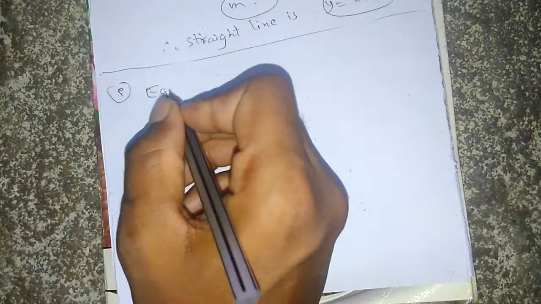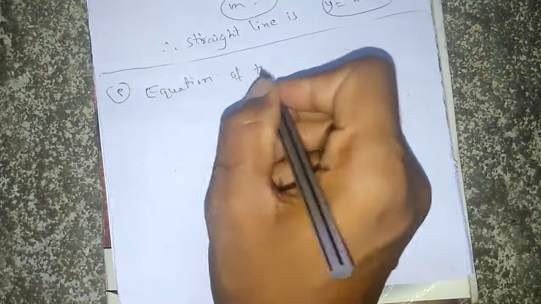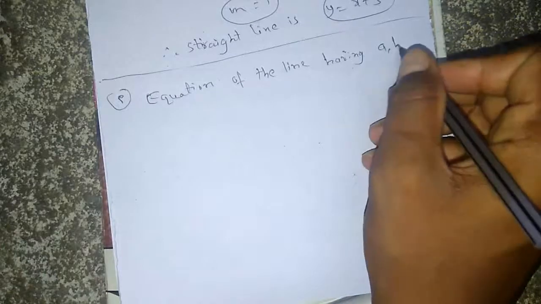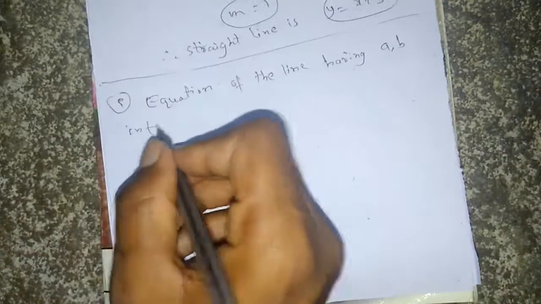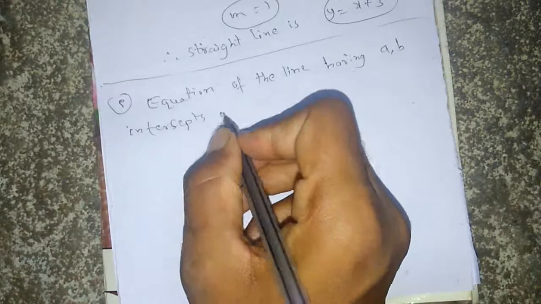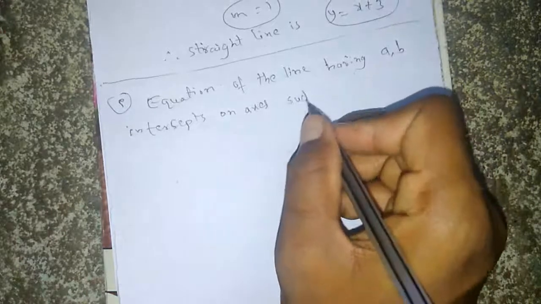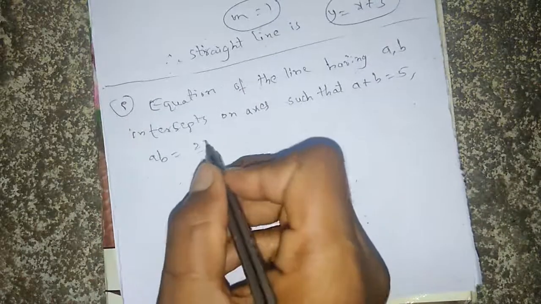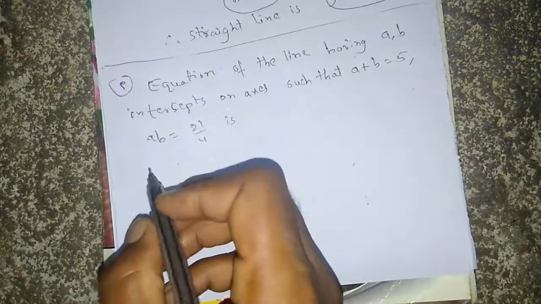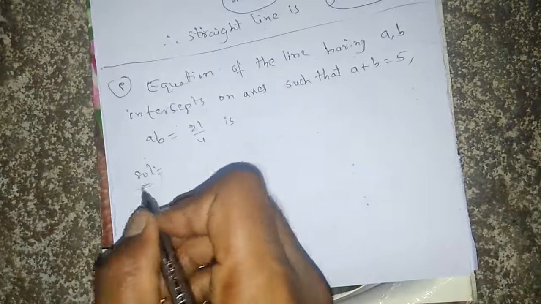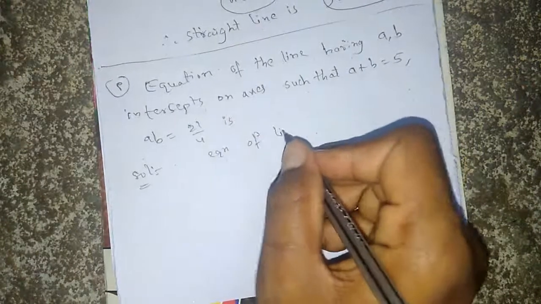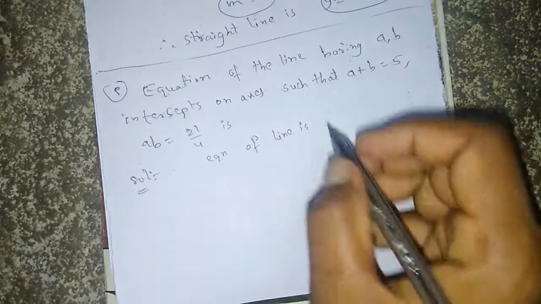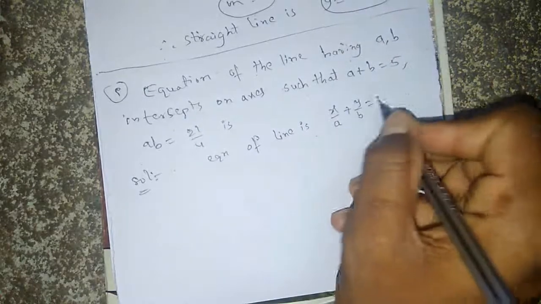Next problem is the equation of the line having a, b intercepts on the axes such that a + b = 5, ab = 21/4 is. The equation of the line is x/a + y/b = 1.